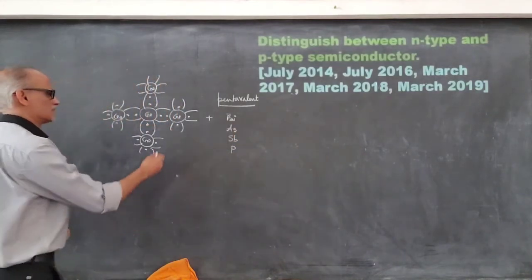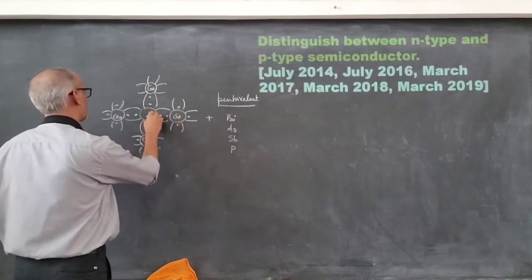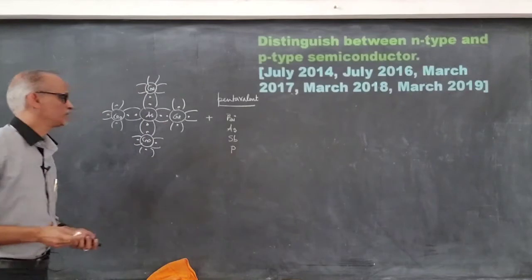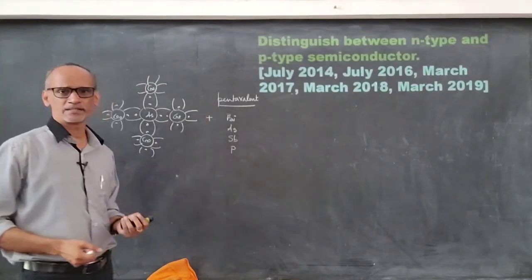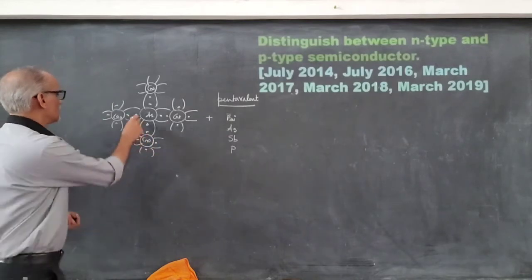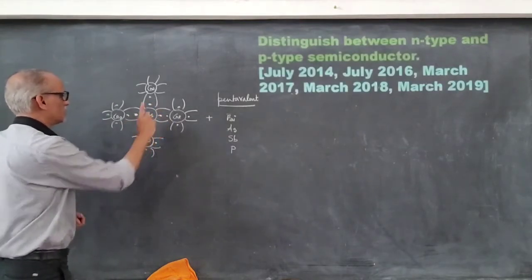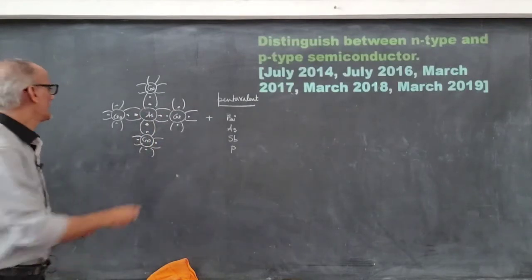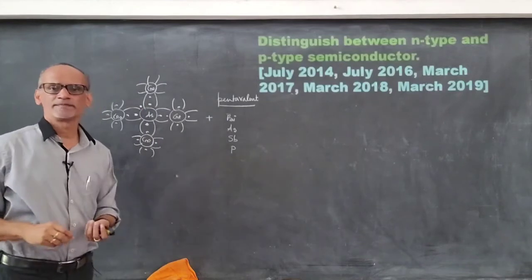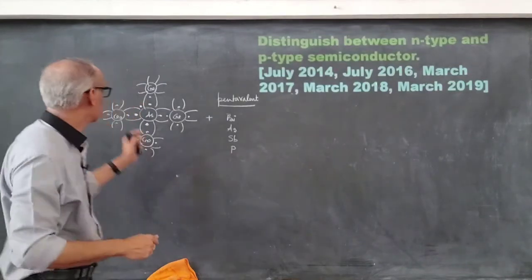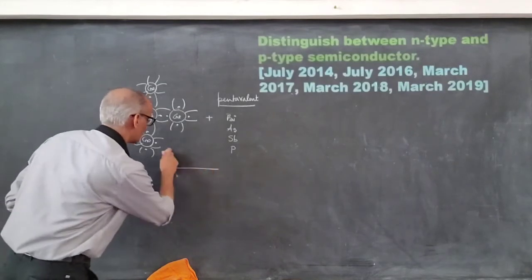So let's replace one of the germanium atoms by a pentavalent impurity. This pentavalent atom has 5 valence electrons. Out of 5, 4 electrons form covalent bonds with the germanium, and 1 electron is freely available, and that electron is available in the conduction band.